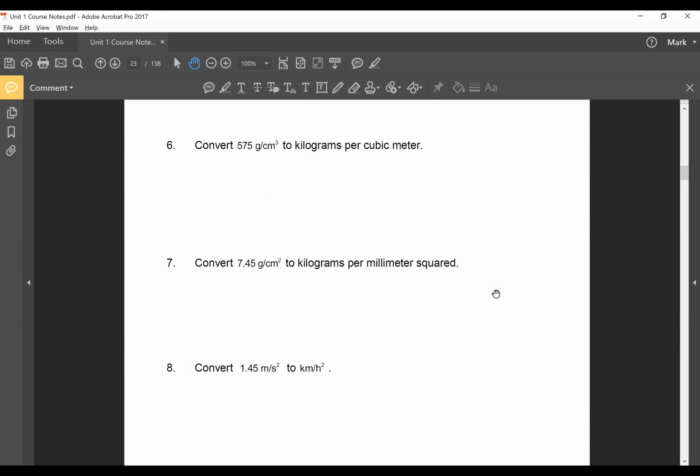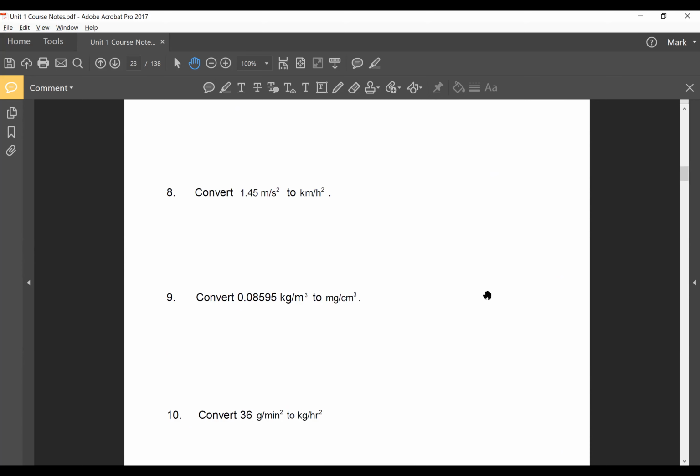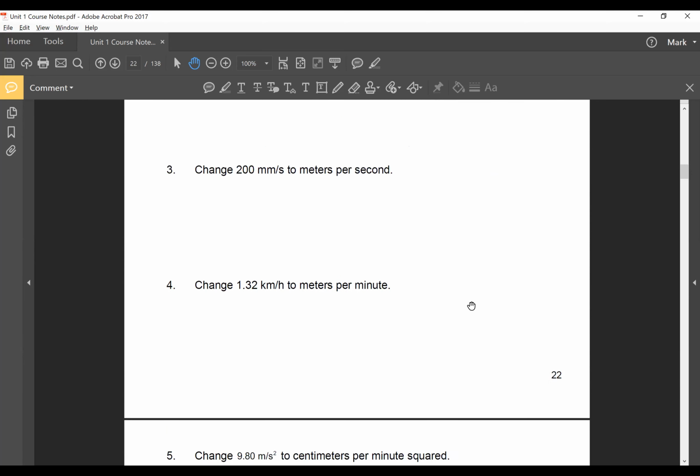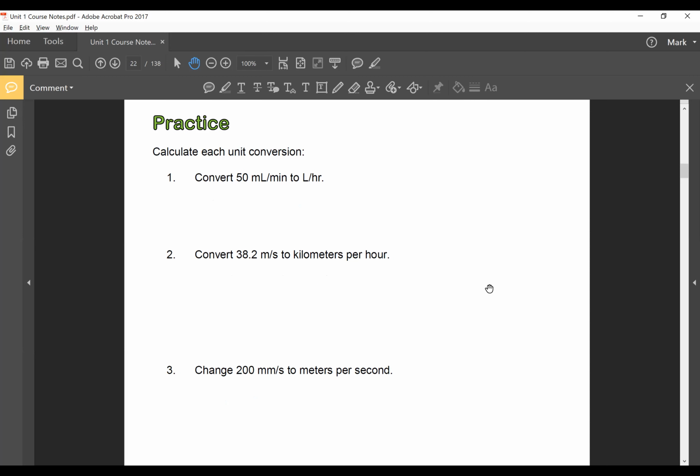You can find that on your content page on D2L under Unit 1. I highly recommend you practice all of these. They're very, very good for practice. So let me just do 2 more, and then we're finished. And that'll be it for this lesson that I unfortunately didn't record.